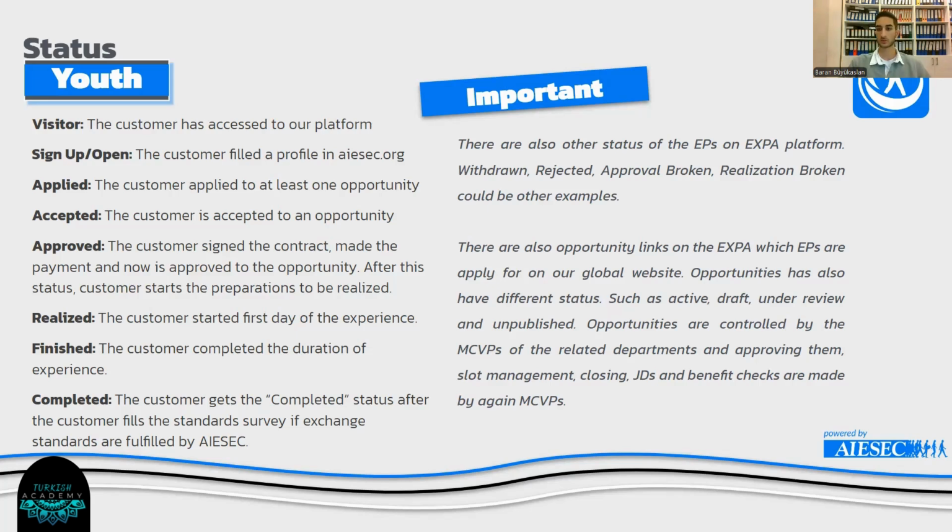But the opportunities are controlled by the MCVPs. So ICs are opening the opportunities, but confirming them and making them live on our website continues with the MCVPs. And as MCVP, we are tracking the JDs, benefits, again and again. After that, we can approve and make them live on our website.